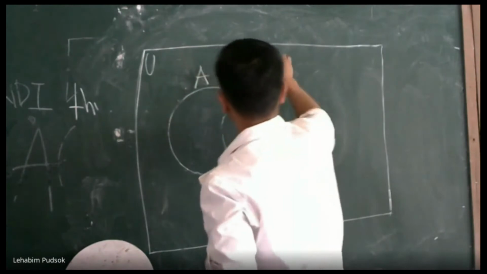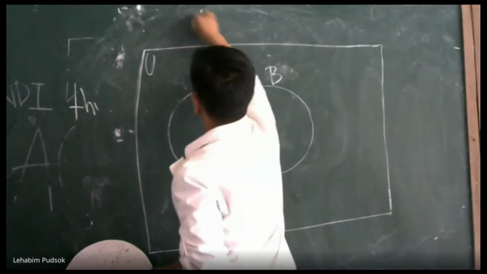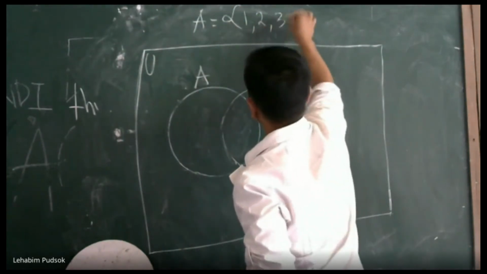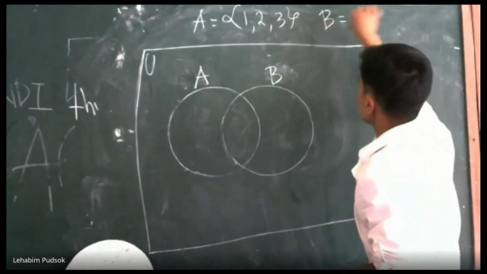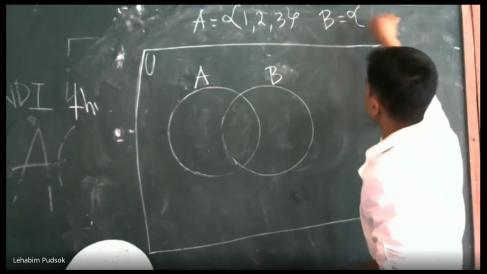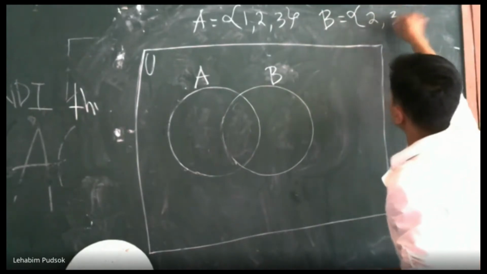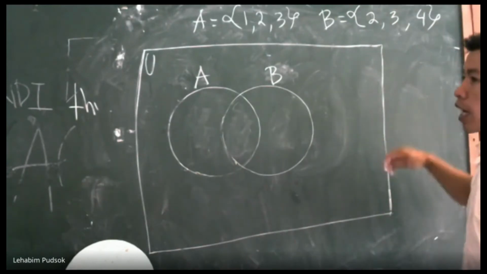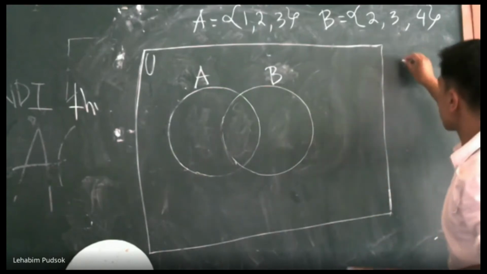For example, set A is equal to 1, 2, 3. Set B is equal to 2, 3, 4. You get the intersection. How will you represent the intersection?